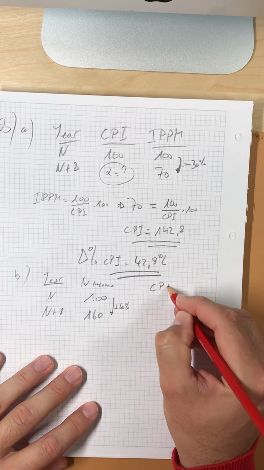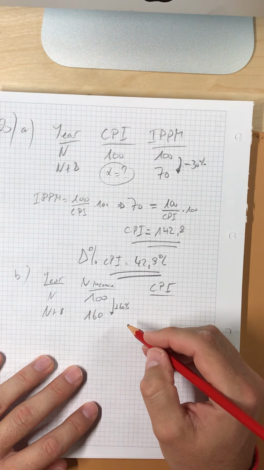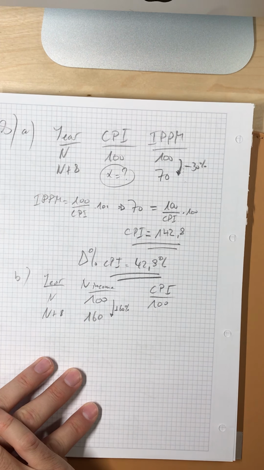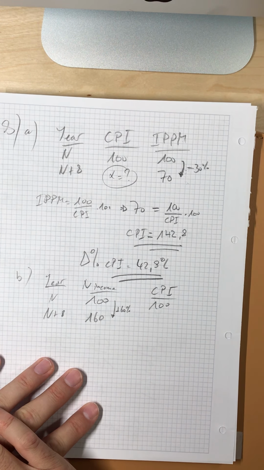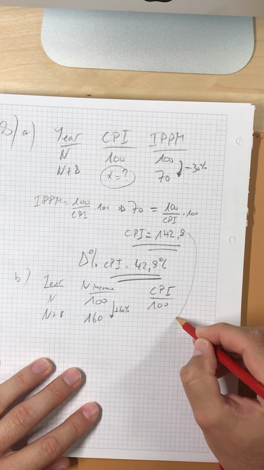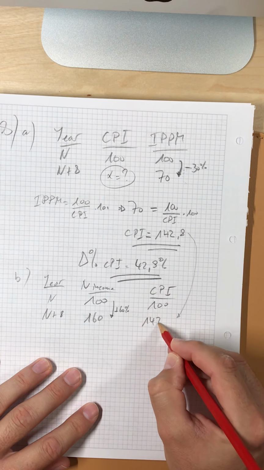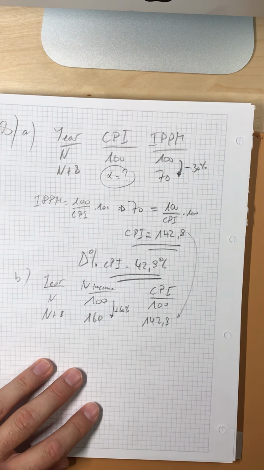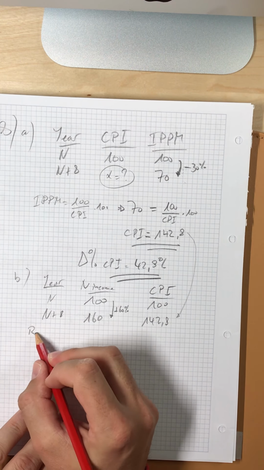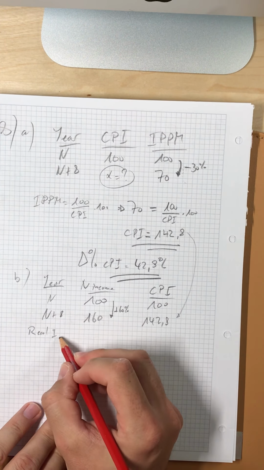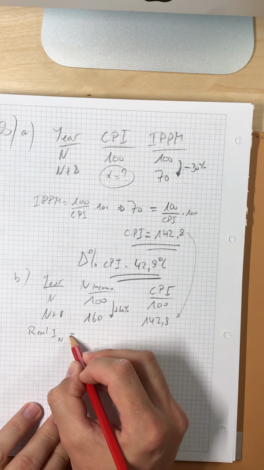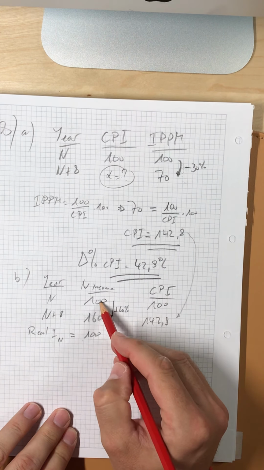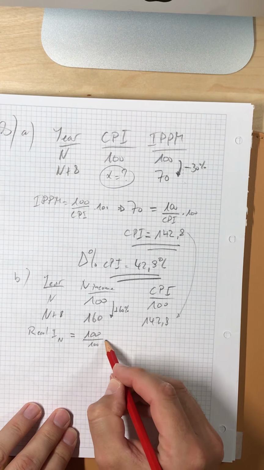And the CPI, there we take this value 142.8 from the first exercise. The question is to calculate the real income of year n. So it's real income, it's nominal income over CPI times 100.